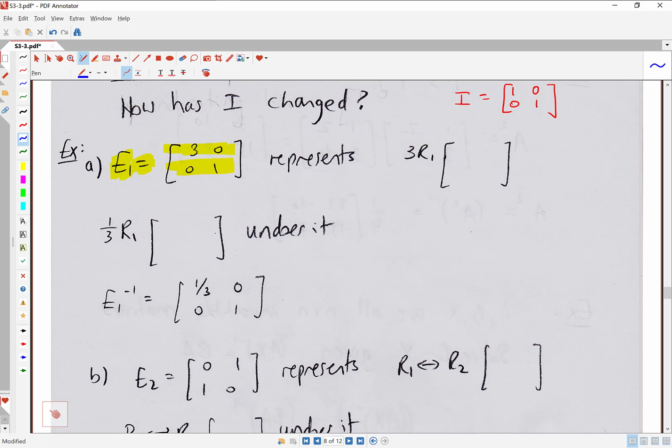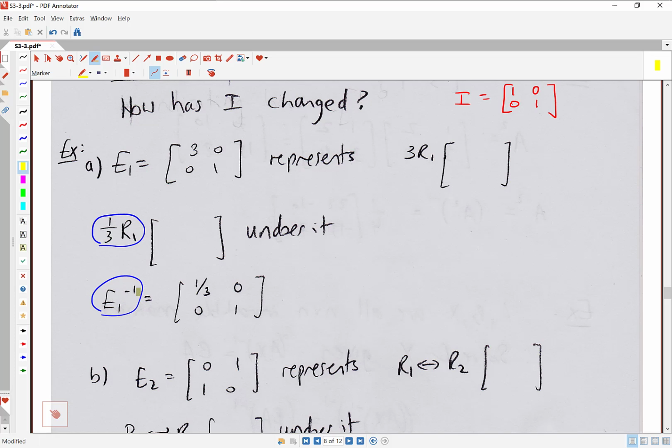Okay, then we could think about what row operation undoes that. Well, if you want to undo multiplying a row by 3, you would have to divide a row by 3. So you could say this is 1/3 row 1. That's going to undo that. And therefore you can figure out E1 inverse, because E1 inverse is just the matrix that undoes whatever matrix E1 did.